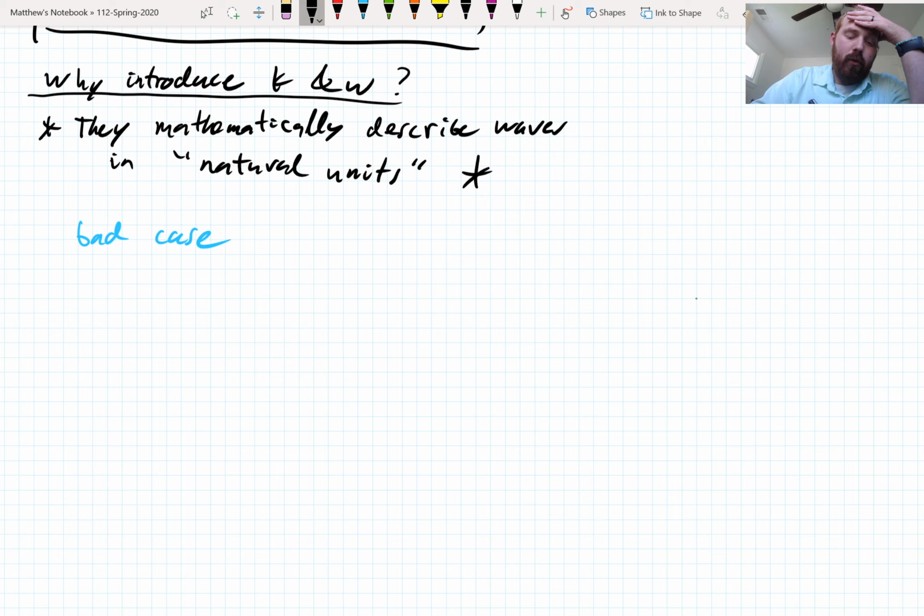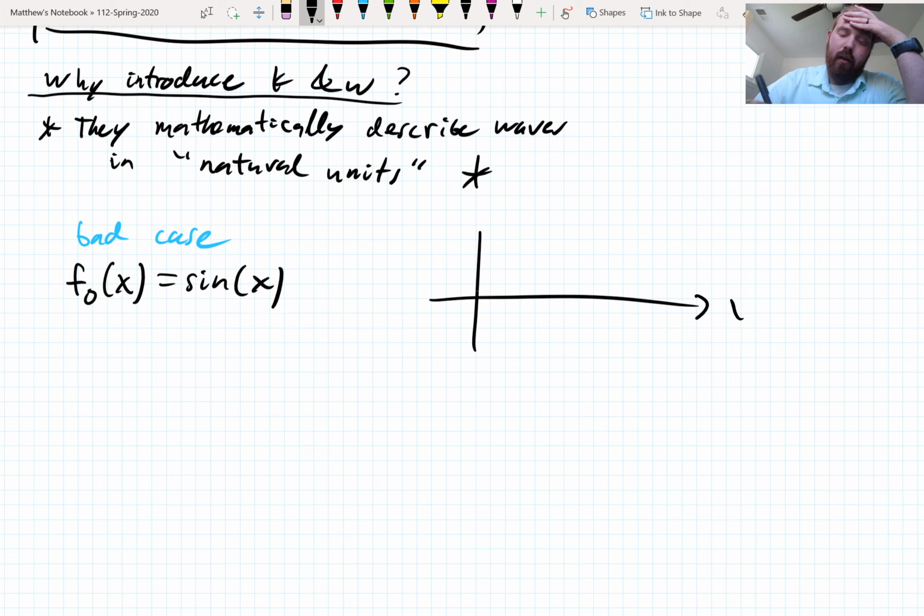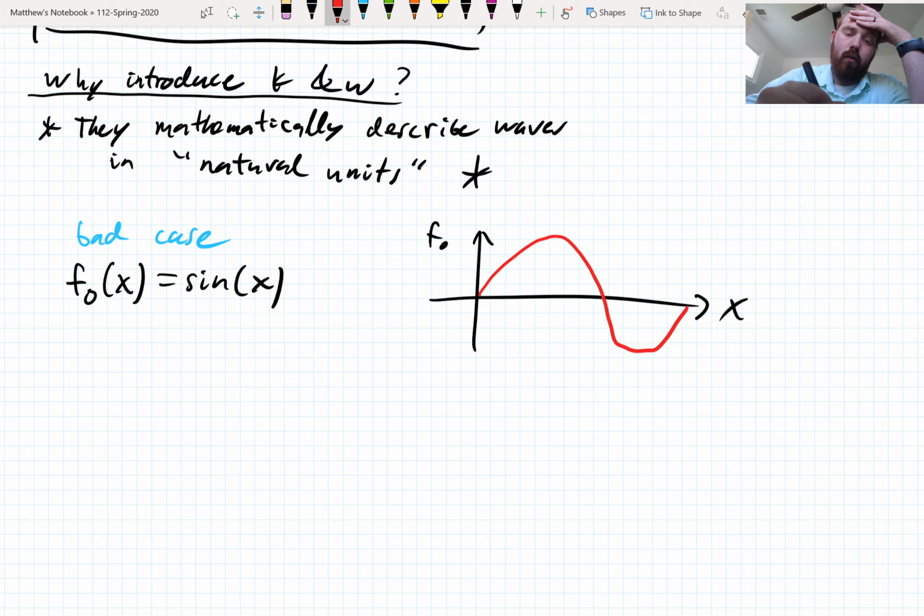Bad case. I'm going to have what I call f0 as a function of x, and it's going to be straight sine of x. So what's the wavelength of this thing? Well, the wavelength is 2 pi.